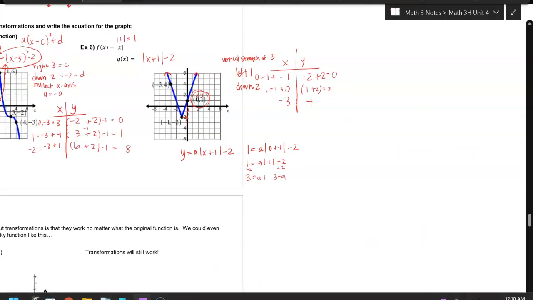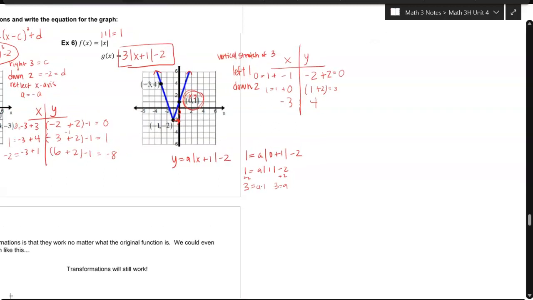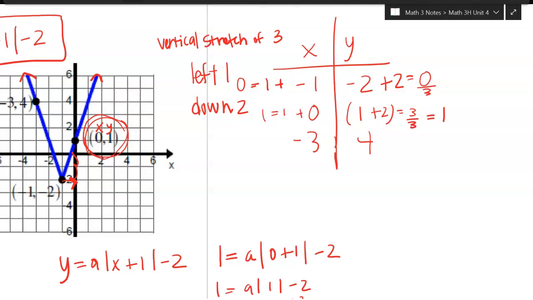So we'll replace our a with a 3 for our equation. And then we can apply that to our points. And the way you do it, remember we're going in reverse to get to our equation. So we're going to divide by 3. All right, so let's check our last point. So we're going to add 1.